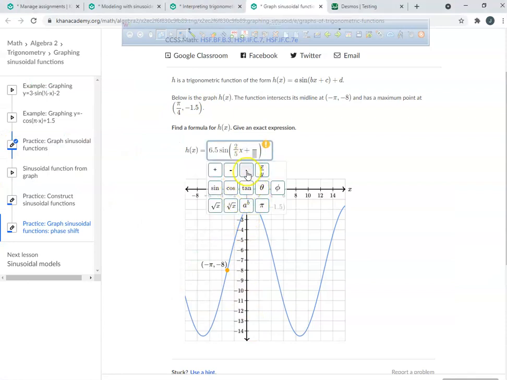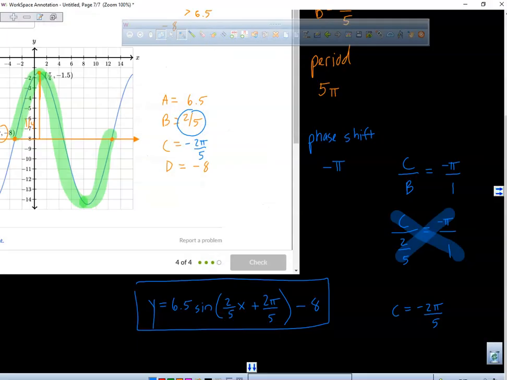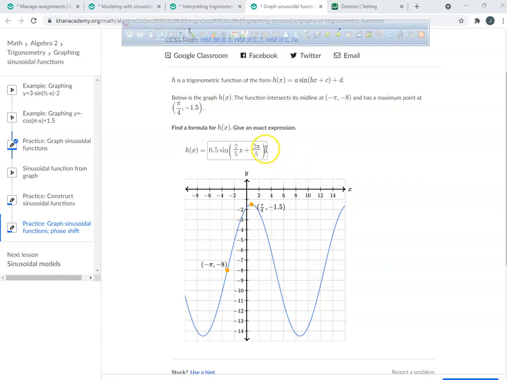I see the hand. I'll read right there. 2 pi right there over 5. Okay. And then we had a plus. So wait, we didn't have a plus, we have minus. -8, yeah. -8.